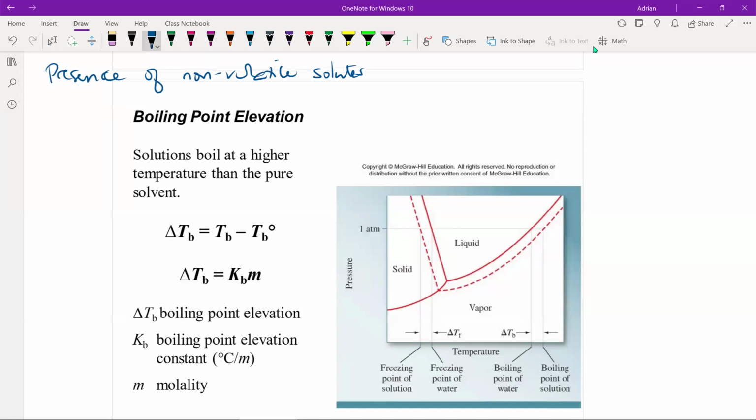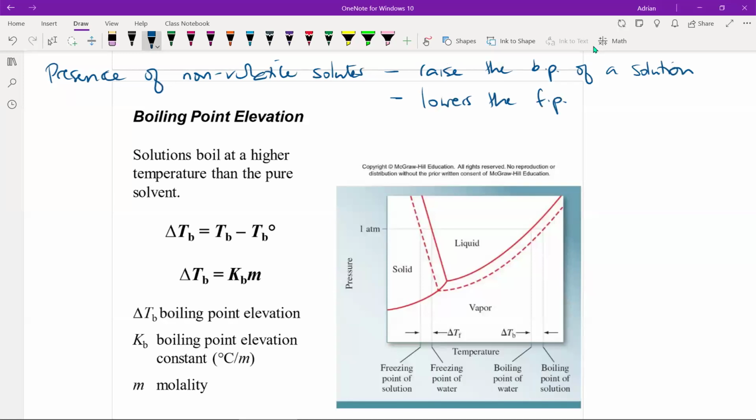The presence of non-volatile solutes actually raises the boiling point of a solution. In other words, the solution boils at a higher temperature than the pure solvent. And there's another side to this coin, in that it lowers the freezing point of that solution.